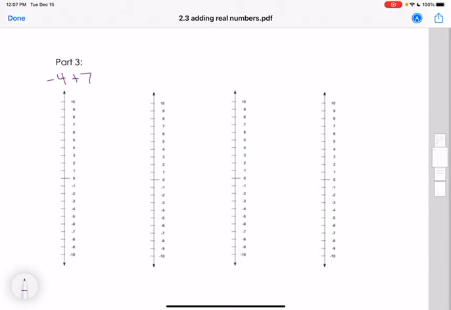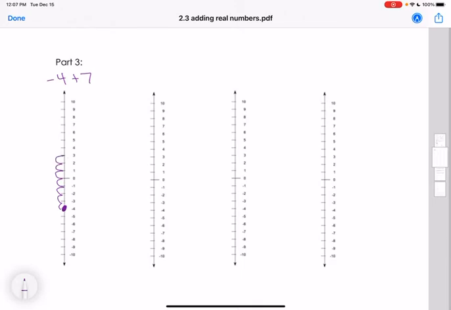So I'm going to go to -4. I'm going to put a dot on here. That's my starting point. And whenever we have positive, we're going to go up the number line. And whenever it's negative, we're going to go down the number line. Okay, so let's see what happens here. We have -4 plus 7. So let's go up: 1, 2, 3, 4, 5, 6, 7.